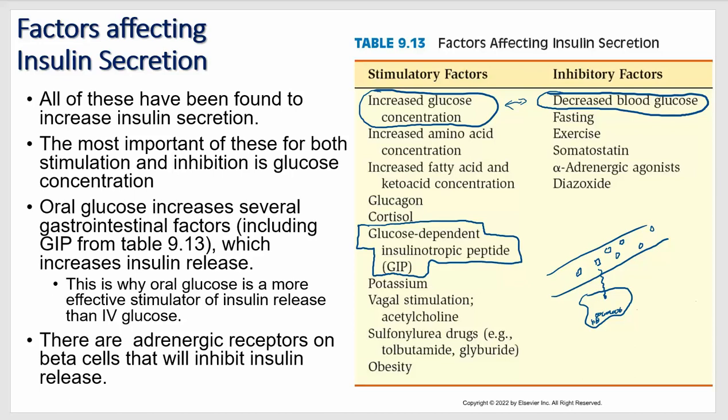You want to have this glucose available so you can use it. You don't want it to be stored, and since insulin is storing it, that's why you would have adrenergic agonists that are going to inhibit it. Same thing with fasting. If you're not eating, then you don't necessarily want to store that energy. You want to have it available. Same with exercise. You want to have it available.